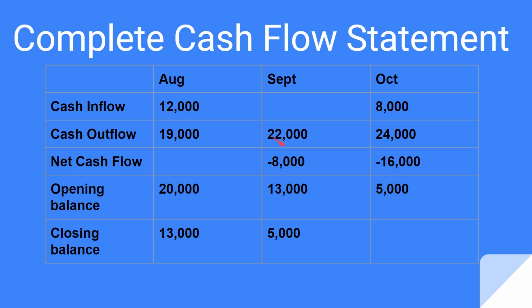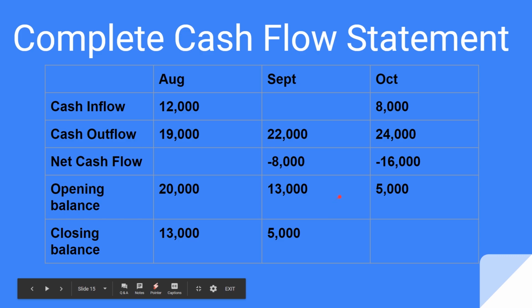So this tells us that the outflow is £8,000 greater than the money coming in. Just as we saw this was minus 7,000 here, it's £7,000 greater. So this one is, of course, going to be 14,000 up here. All right, that makes sense.